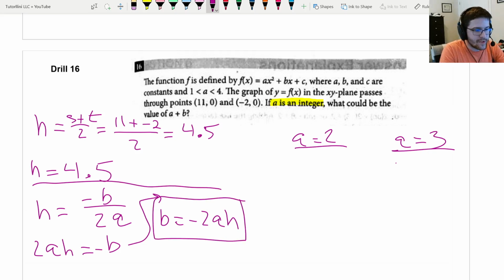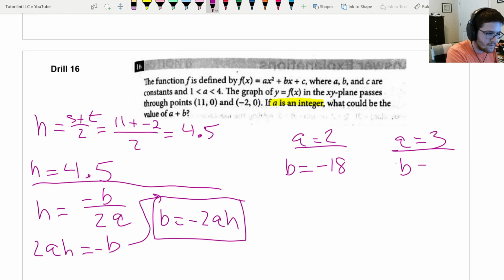Okay, so now I can really quickly find b for each of these. So negative 2 times a, which is 2 for that one, times h, which is 4.5, gives me negative 18. And then for the other one, negative 2 times 3 is a, and then h is still, for both of them, 4.5, negative 27.